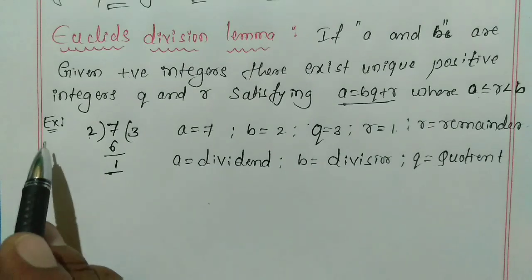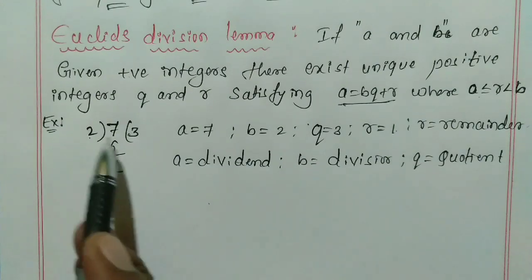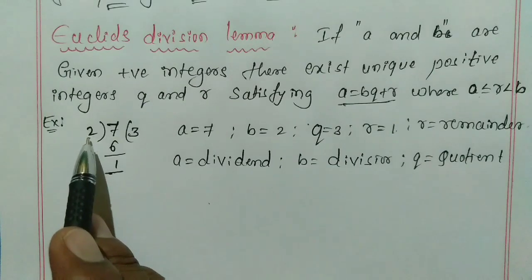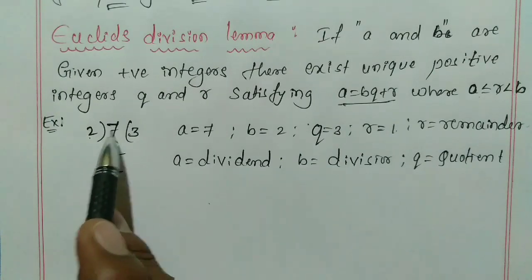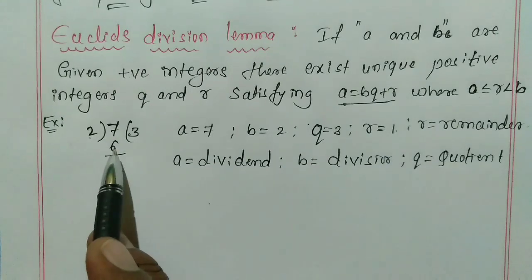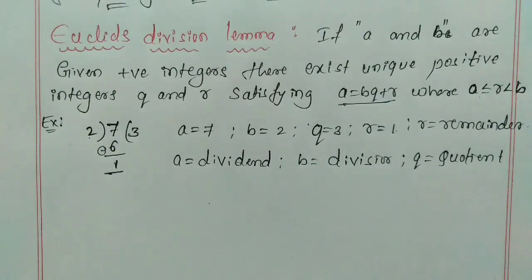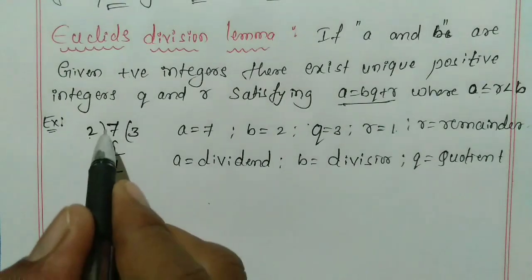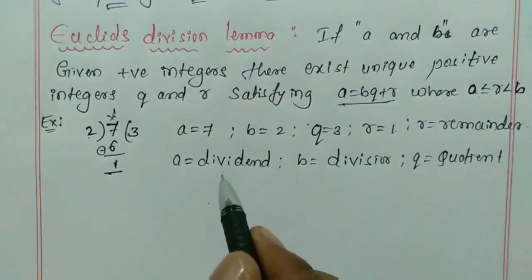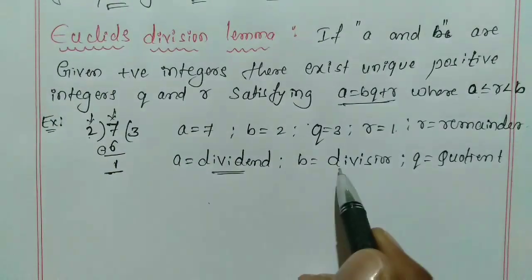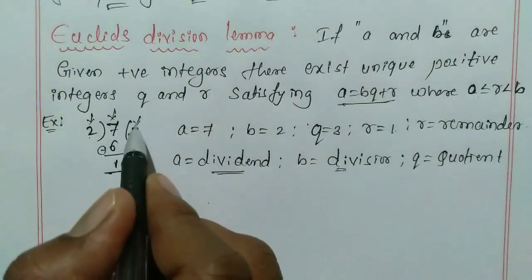I will explain this with one example. Consider a is 7 and b is 2. Divide 7 by 2: 2 threes are 6, and 7 minus 6 is 1. Here 7 is the dividend and 2 is the divisor.